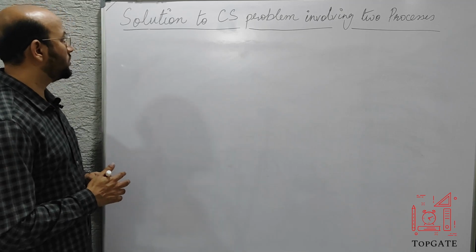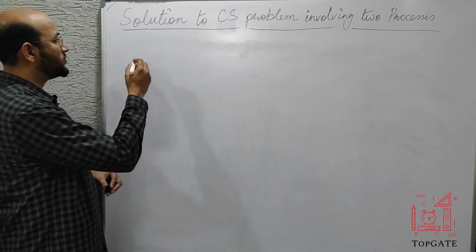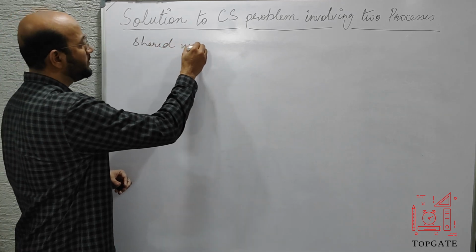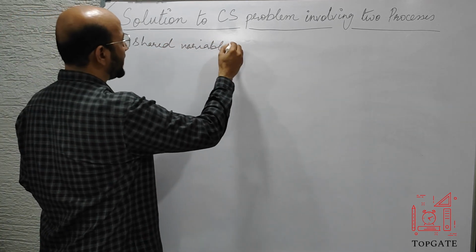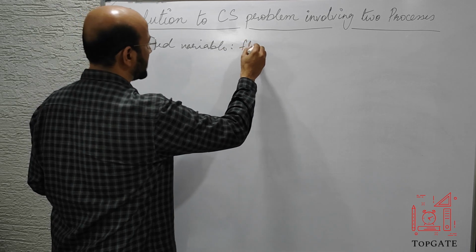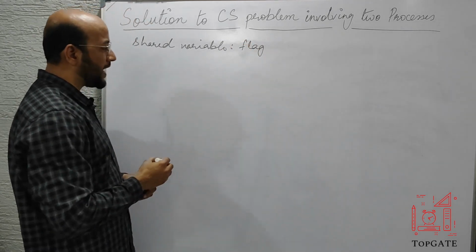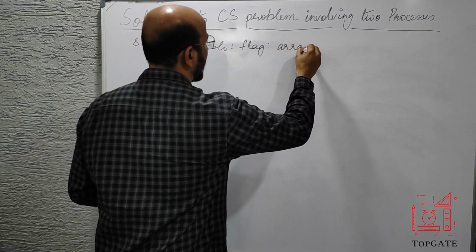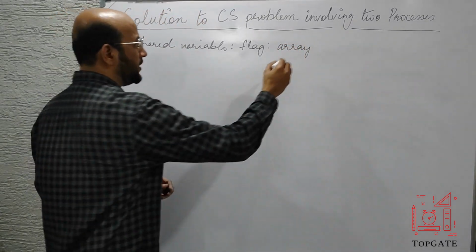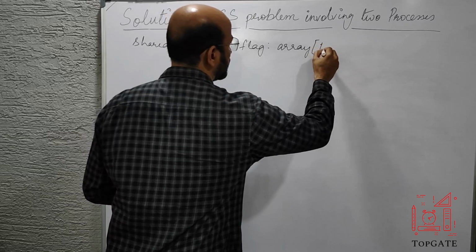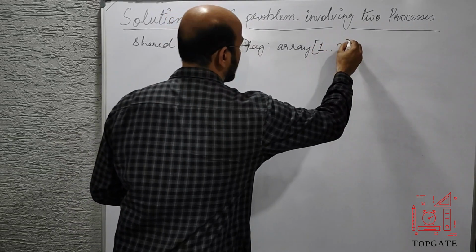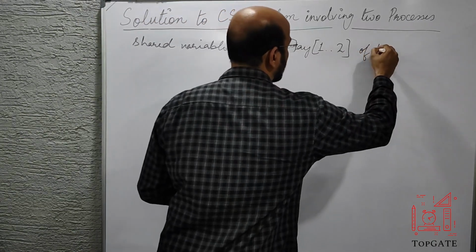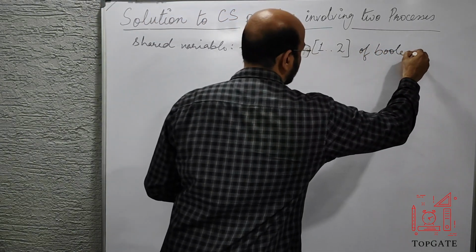Clear? So let's assume that there is a shared variable, and this shared variable, you can say its name is flag, and it is an array type of variable having only two elements. So flag 1 and flag 2, and it is of Boolean type.